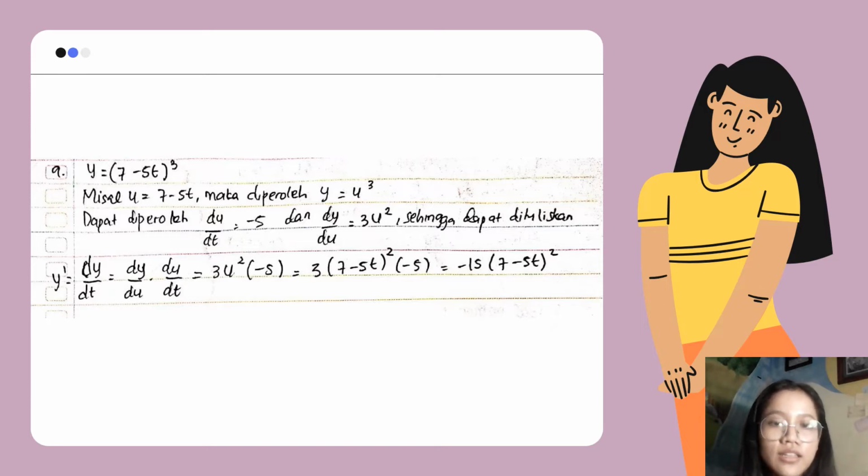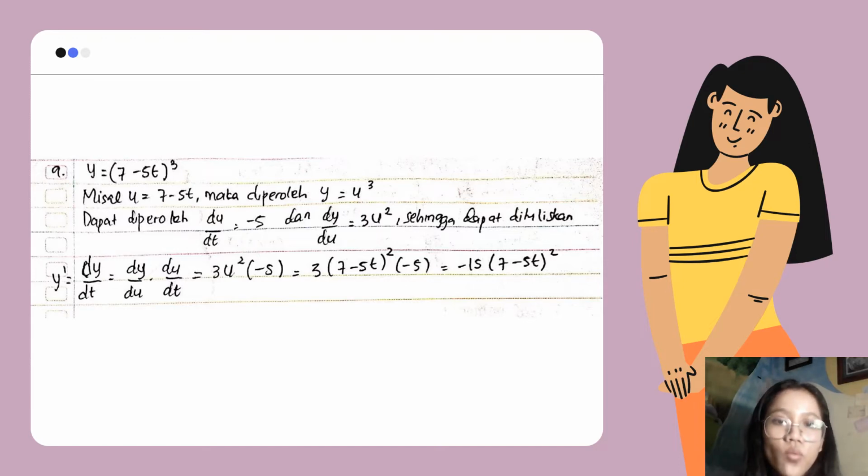In the Leibniz notation, we can write it with du dt as turunan u terhadap t dan dy du as turunan y terhadap u. So we find du dt equals minus 5 and dy du equals 3 times u square.